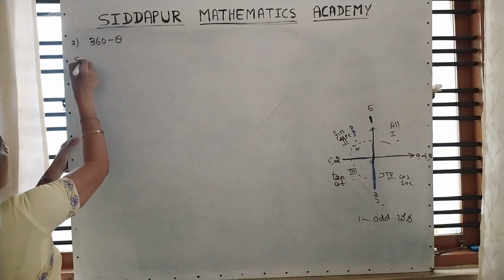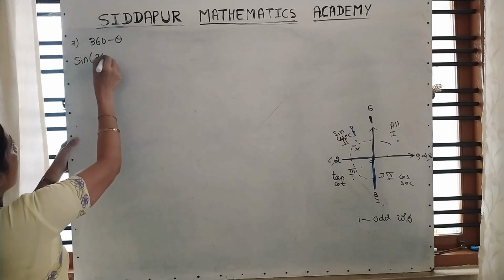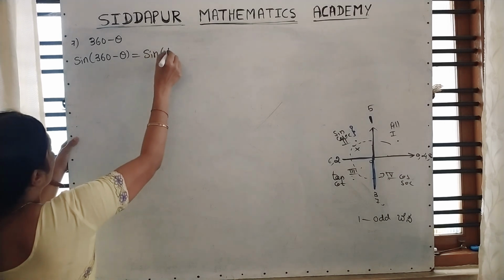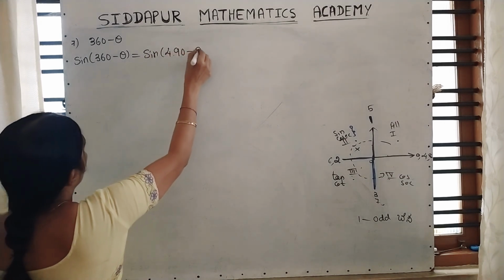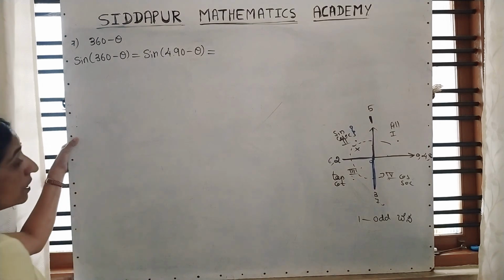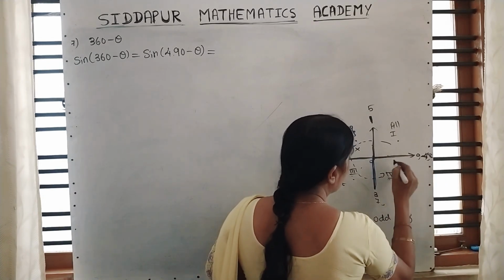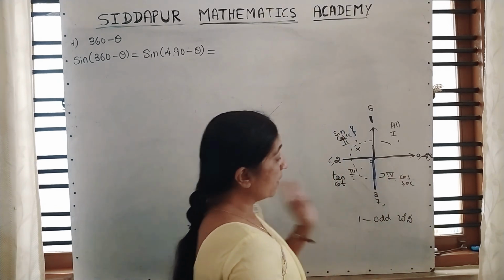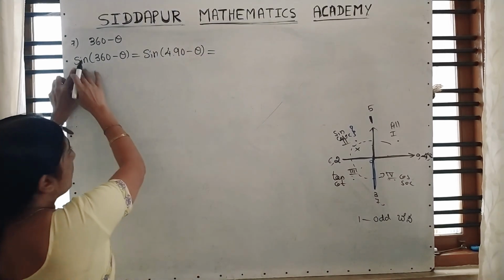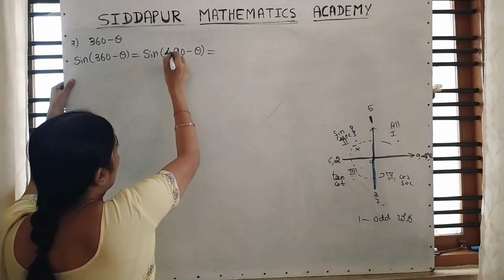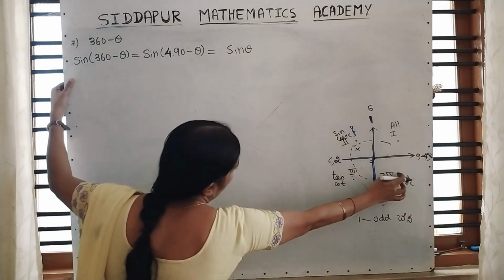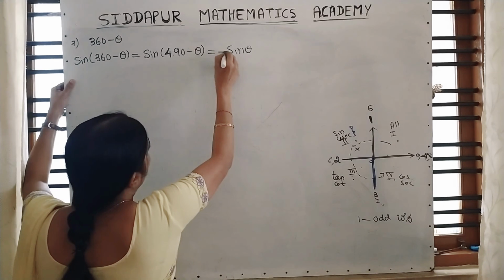See here, sin 360 minus theta is sin 4 into 90 minus theta. 4 is even. I wrote the numbers also. This is 4 into 90 minus, the fourth quadrant. In the fourth quadrant, cos and sec are positive, the remaining negative. That means sin is also negative. 4 is even, sin remains sin.